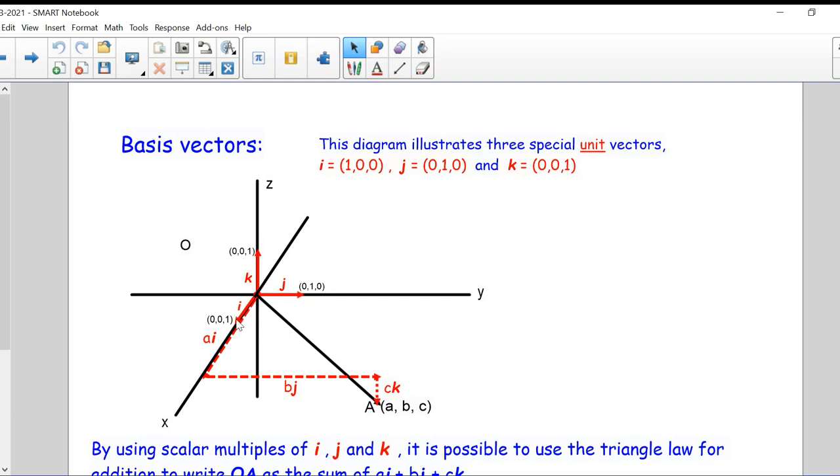The j vector is the one on the y-axis: 1 on the y-axis, 0 on the x, and 0 on the z. The one running up here is 1 on the z-axis, 0 on the x, 0 on the y.